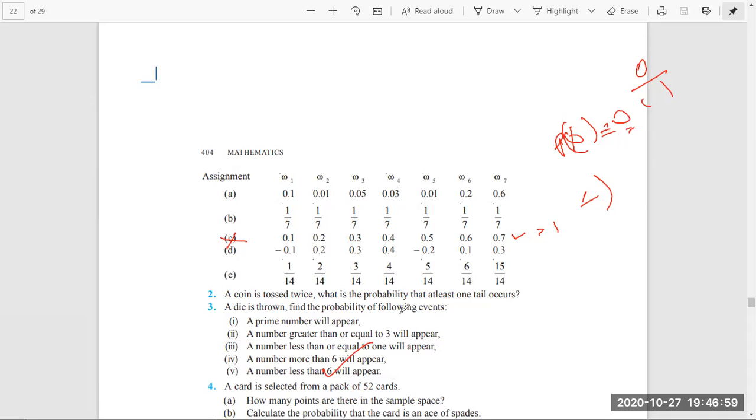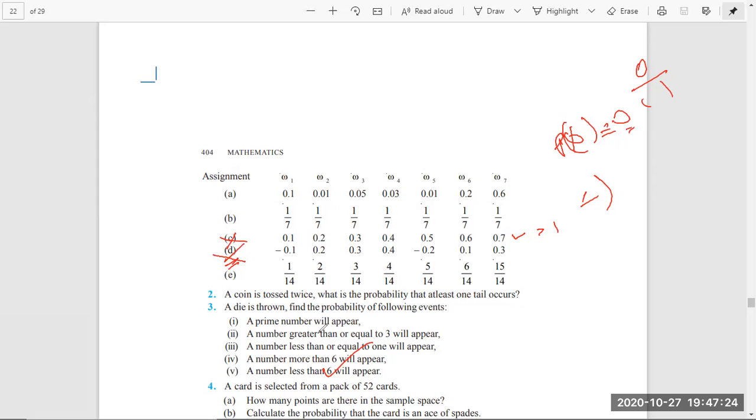D. Negative is there: minus 0.1 and minus 0.2. You won't get negative values in probability. Very good. So D is also not assigned properly.